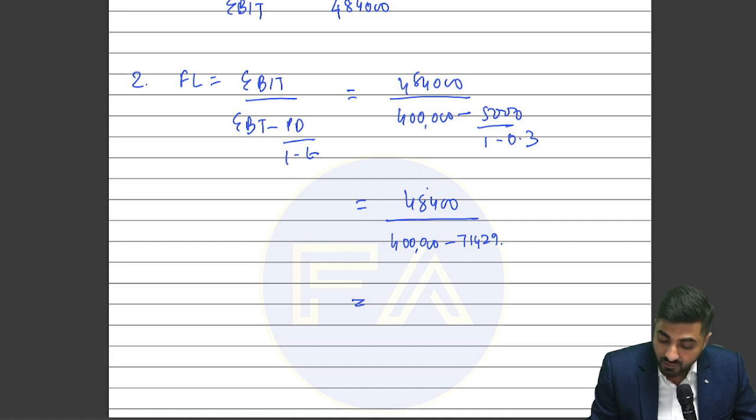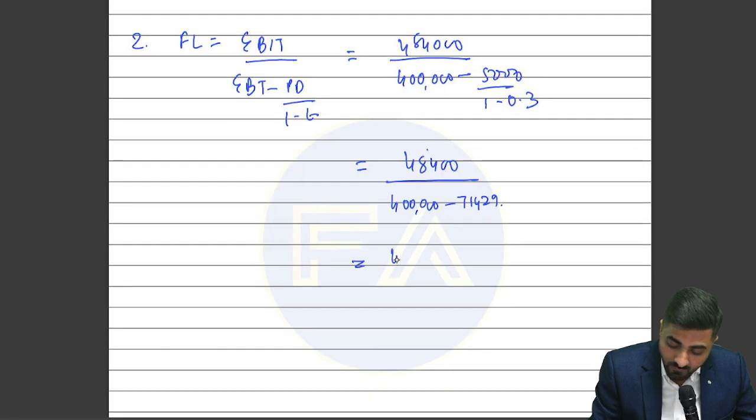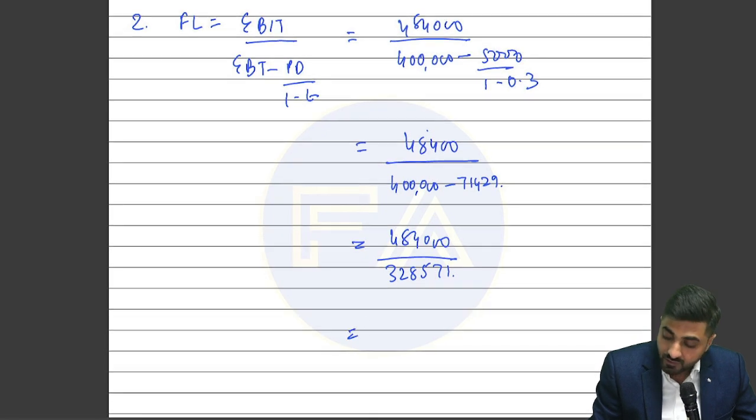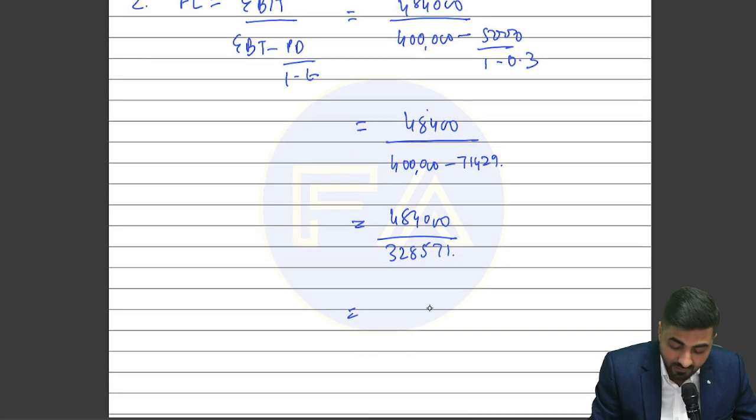From 4 lakh 80 divided by 3 lakh 2570. 1.47.